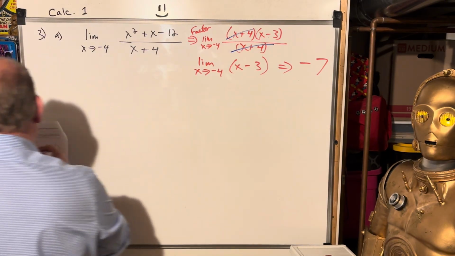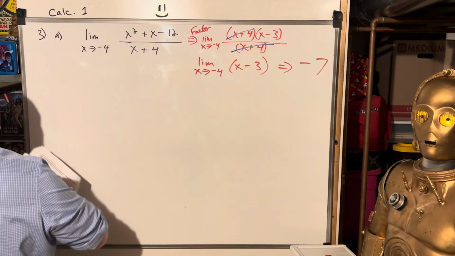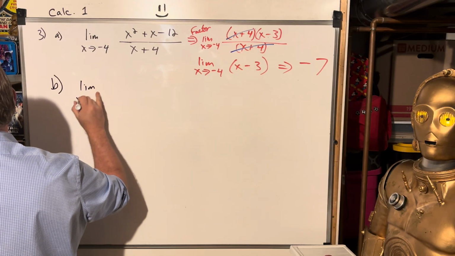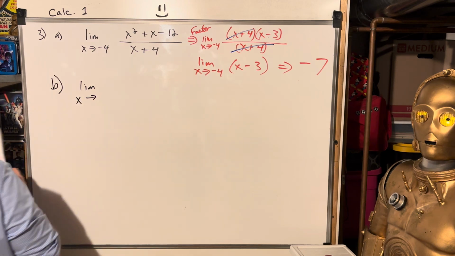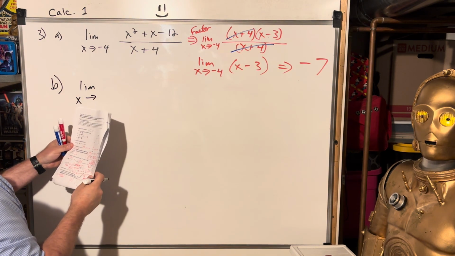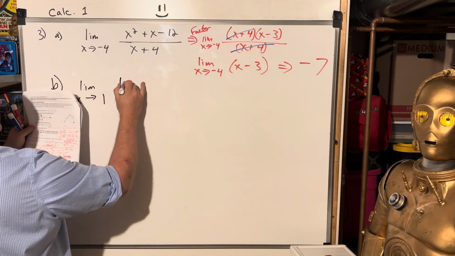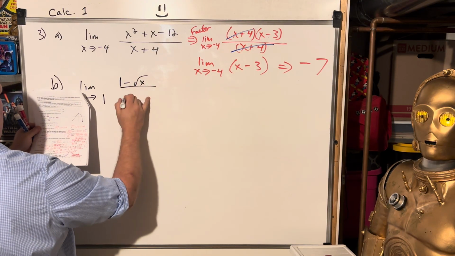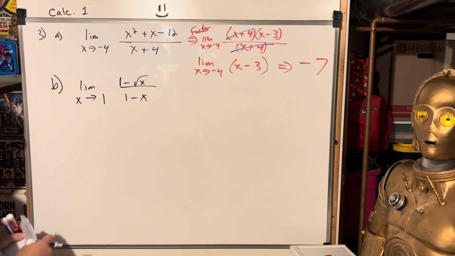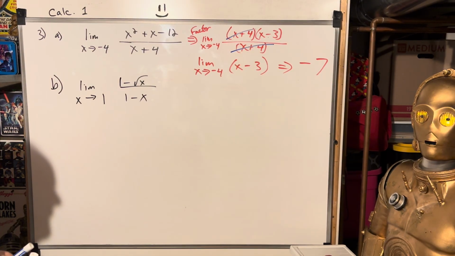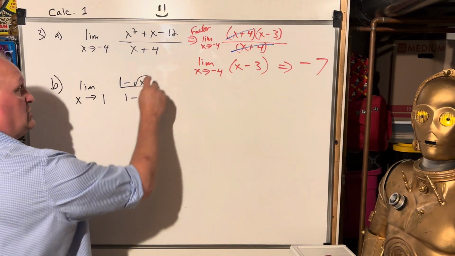Let's take a look at B. That one was interesting. The limit as x approaches 1, but then they have 1 minus the square root of x in the numerator and 1 minus x in the denominator. And this is one of those places where we're going to use the conjugate, but we're actually going to rationalize the numerator.